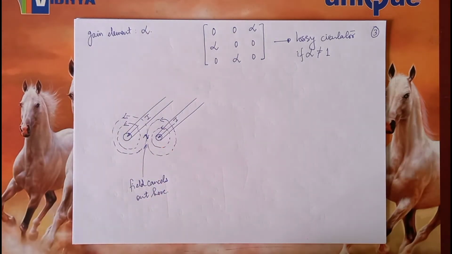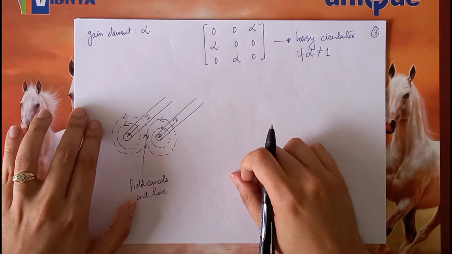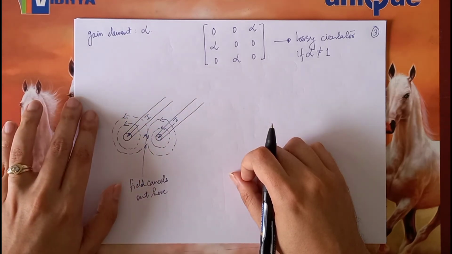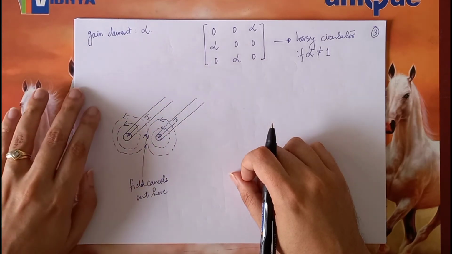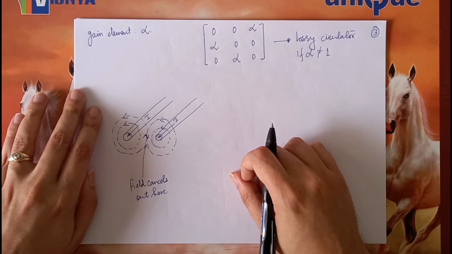The field cancels out in the midpoint. So if the magnetic field is essentially 0 in the middle, it also indicates that virtually there is no current. Or rather, if the magnetic field cancels out over here, as per Maxwell's equations, if you recall, if the magnetic field is becoming 0, there can be no electric field also.